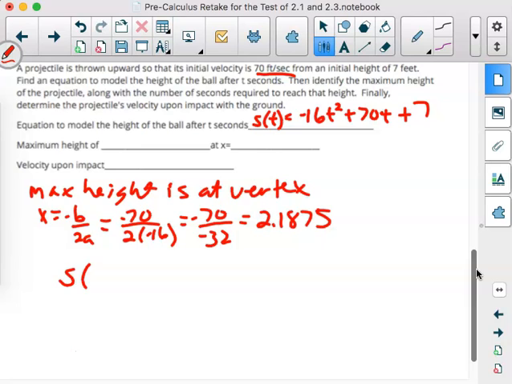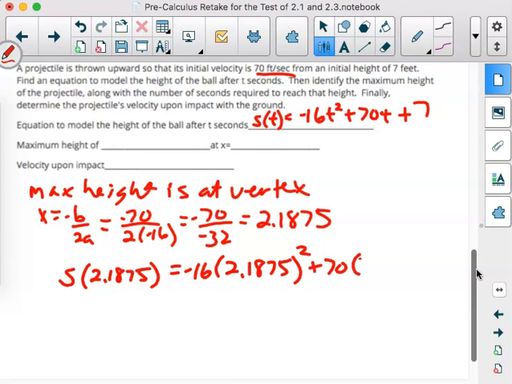So I want S of 2.1875, -16 times 2.1875 squared plus 70 times 2.1875 plus 7, and that comes out to be 83.5625.